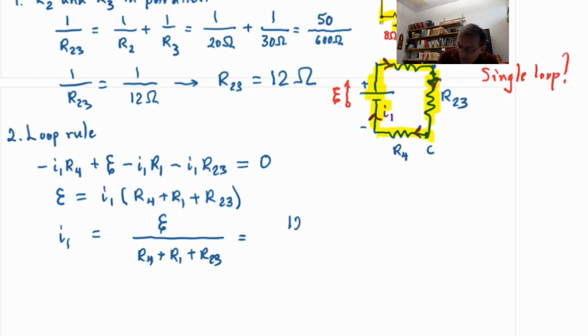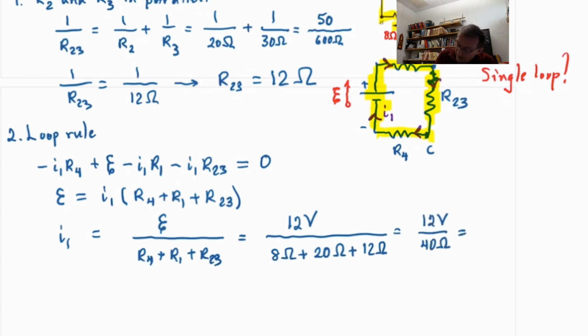The EMF is 12 volts. R4 is 8 ohms. R1 is 20 ohms. And R23, I found, is 12 ohms. That's 12 volts over 40 ohms, and that's 0.3 amperes.